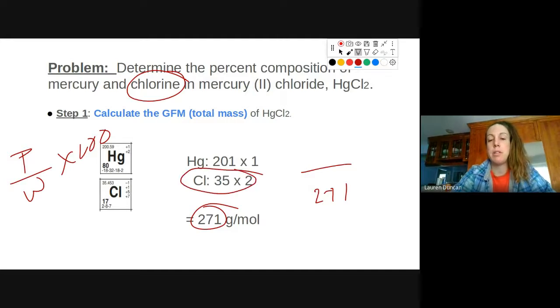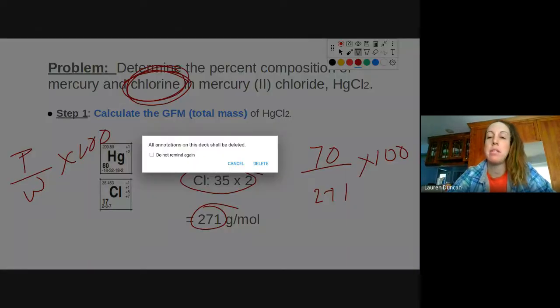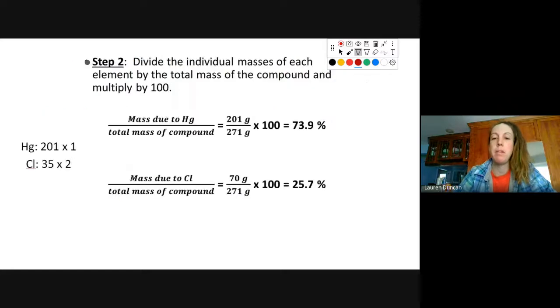Of that 271 grams of mass per 1 mole, 35 times 2, or 70, of those grams came from the chlorine. So it'd be the mass of the part, if we were looking for chlorine's percent by mass, in this case 70, over the mass of the whole thing, which is 271, times 100. And that would give us the percent by mass of chlorine in this compound.